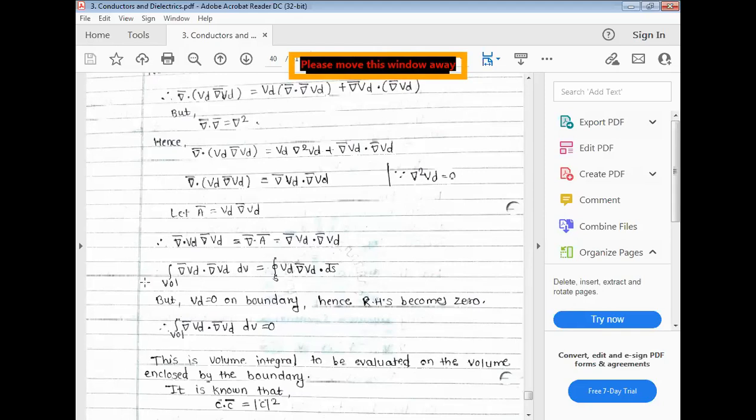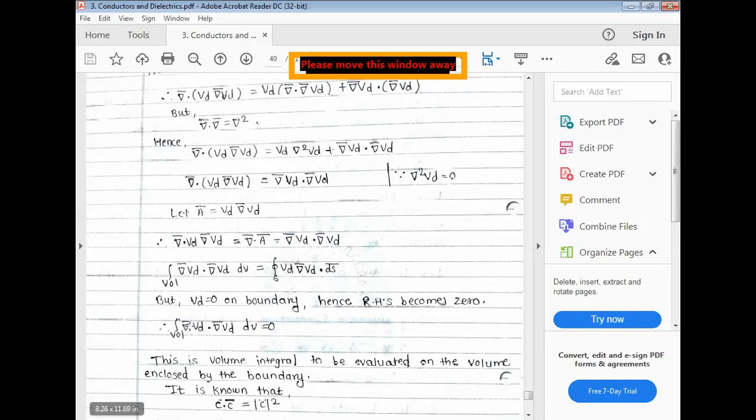So the volume integral of del Vd dot del Vd dv is equal to the closed surface integral of A bar, and A bar is equal to Vd into del Vd dot ds bar.